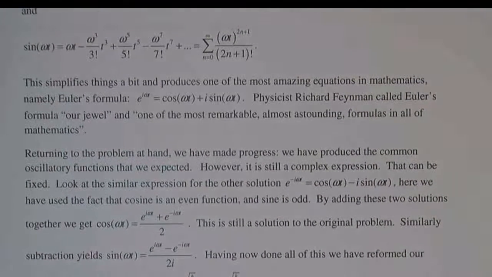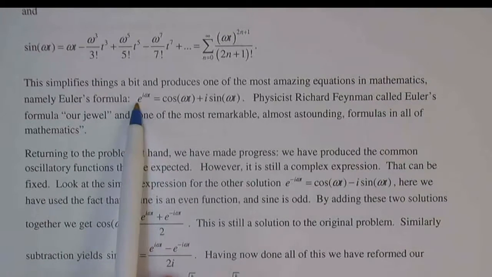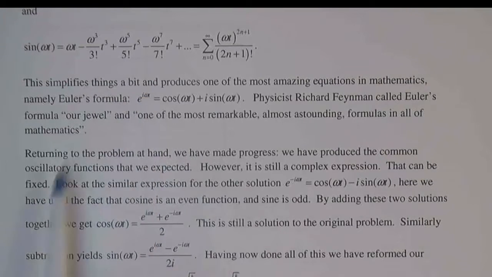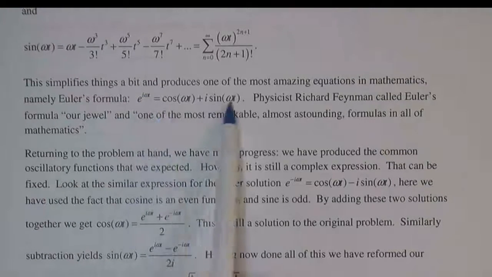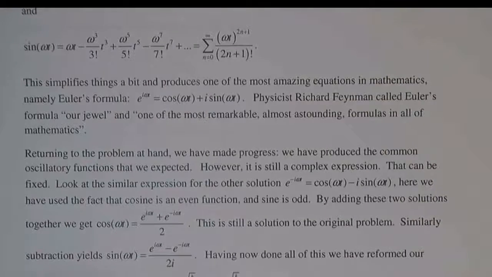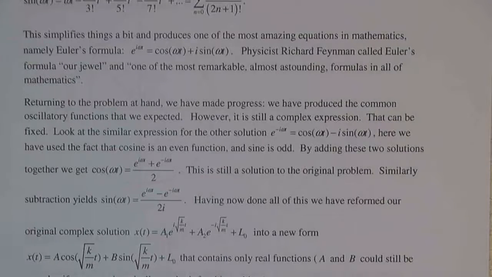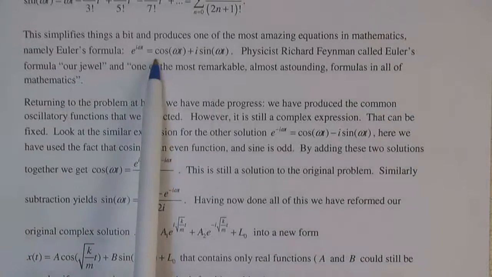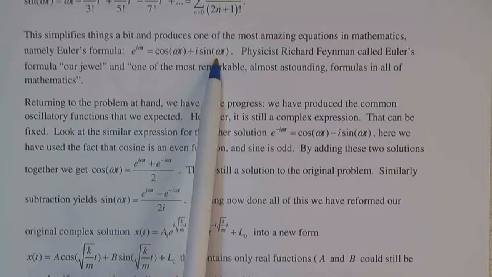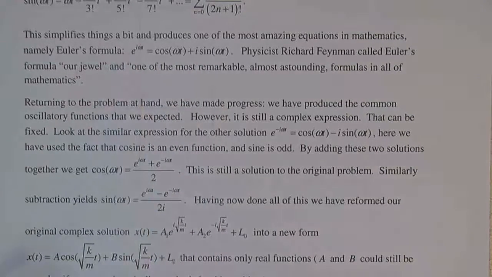It's really remarkable. I take the exponent of a complex amount and I get back my sine and cosine functions from trigonometry. Returning to the problem at hand, we've made progress. We've now returned to having cosine and sine functions instead of a complex exponential, but we still have a complex expression. There's still an i in this. But one of the things we need to remember is that we had two solutions.